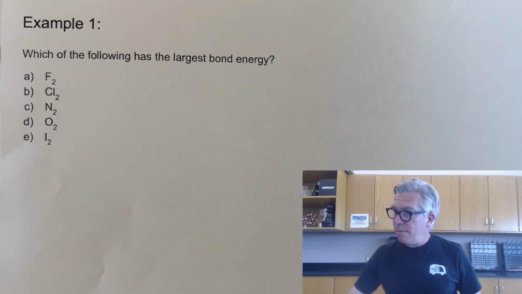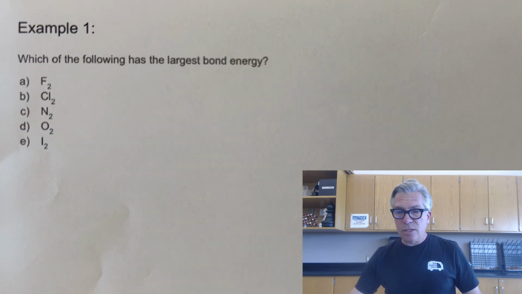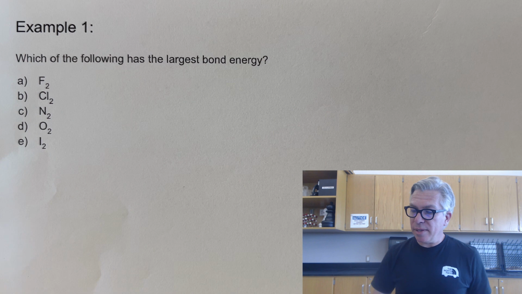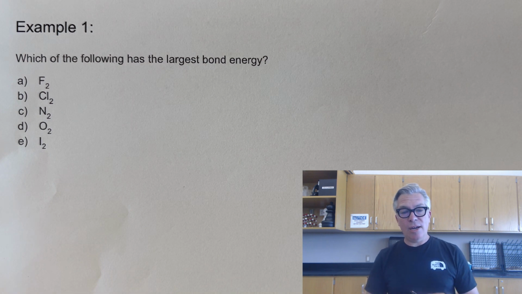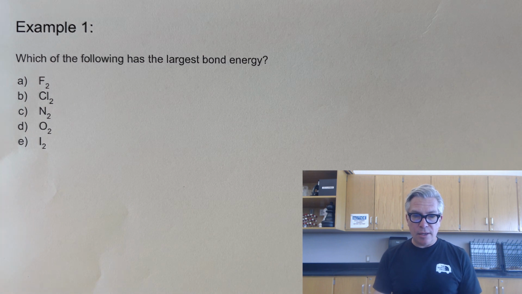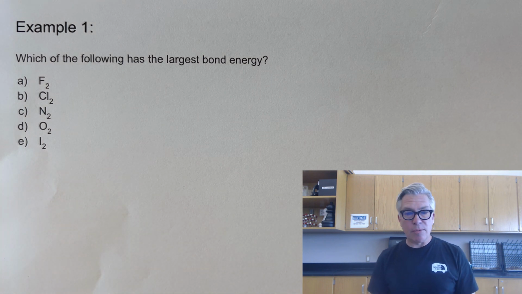Okay, and I'm going to show you a question. It's fairly popular on AP exams, and it's just this modest, unassuming, multiple choice question. Which of the following has the largest bond energy? And you might think to yourself, oh, well, I know my bond lengths and I know my atomic radii chart.